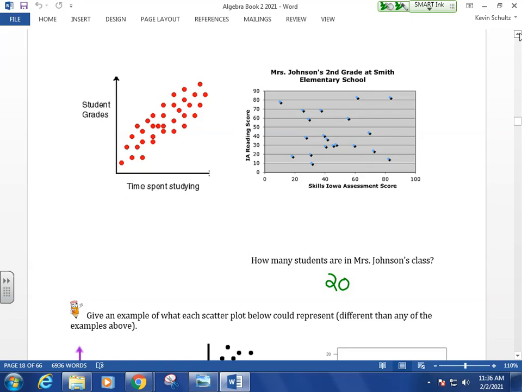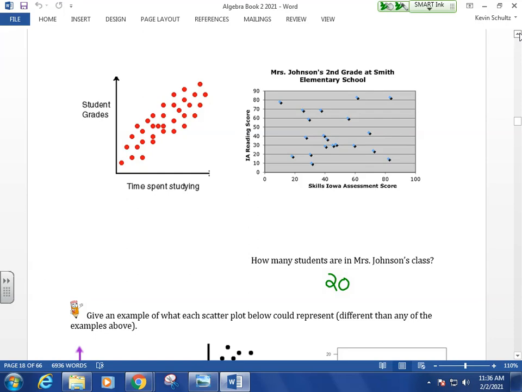Okay, so we don't know if each dot represents just one kid's highest score or if they take it more than once. So one student could be represented more than once on the scatter plot. What else? Julia? It's possible that 2 students get the exact same score on both assessments, and therefore one dot would actually represent 2 students. So that's possible too.